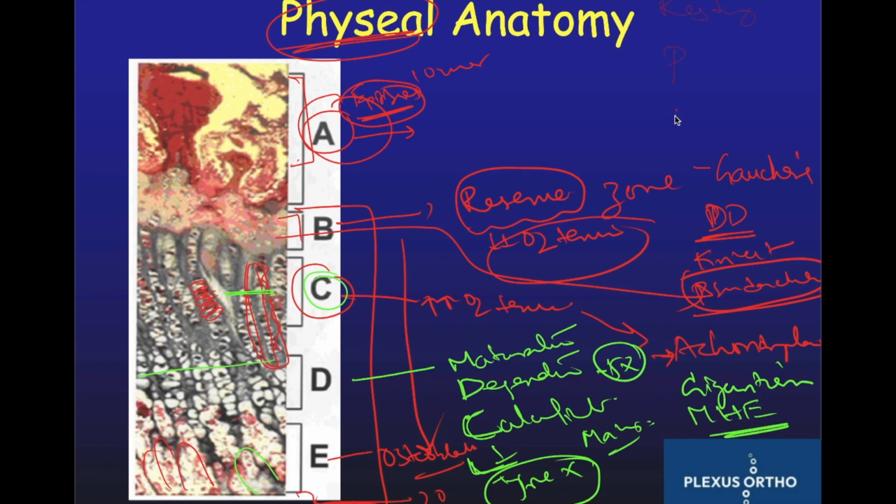Zone D is the hypertrophic zone, and this zone is further divided into 3 parts: zone of maturation, degeneration, and provisional calcification. This is followed by the primary and secondary spongiosa. So this is in brief about the physeal anatomy, which is very, very important for your exams, both in your theory and in your practical viva and OSCE as well, right?